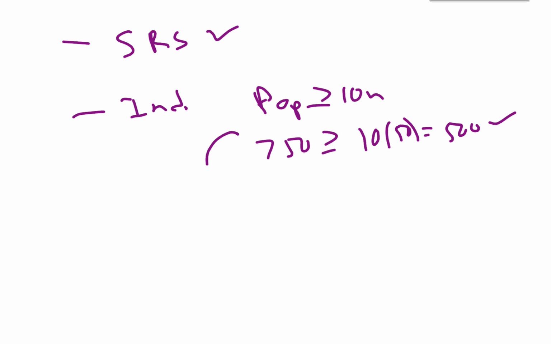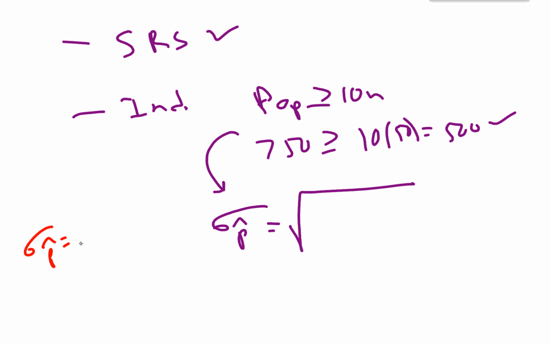And because this is true, now you can use your standard deviation of p hat formula. Now, there's one subtle difference when you're doing a one proportion Z interval compared to a one proportion Z test. You might remember this formula from before: standard deviation of p hat equals the square root of p times 1 minus p over n.